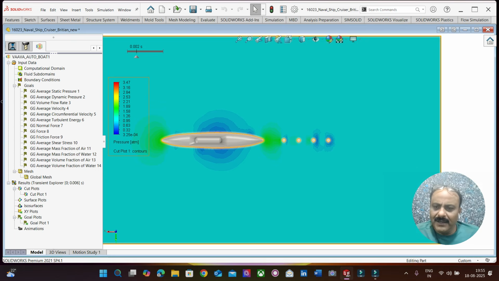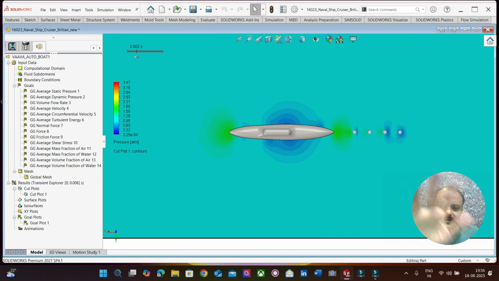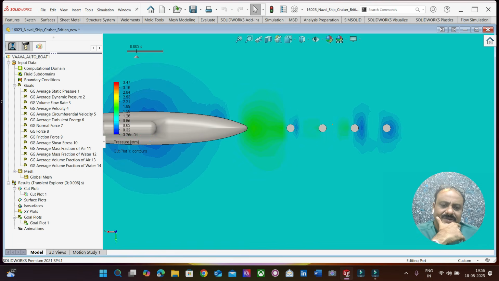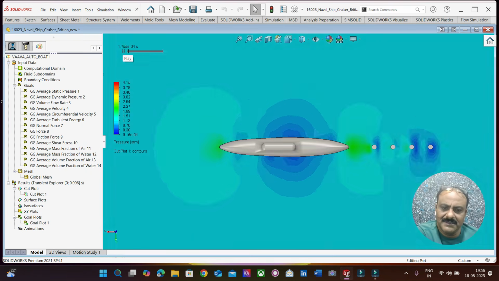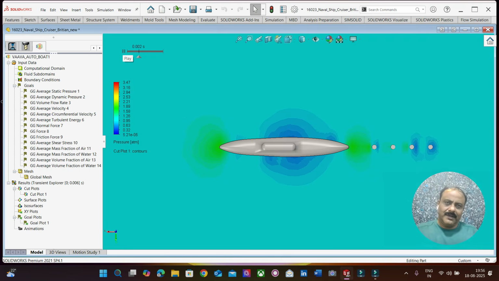But then mostly you will find that it is between 1 and 2 atmospheres. So these are the zones where you will find 1 or 2 atmospheres. Okay, so this is how the submarine is going to be pressurized. Now what is the reason that we are looking for these kind of results?